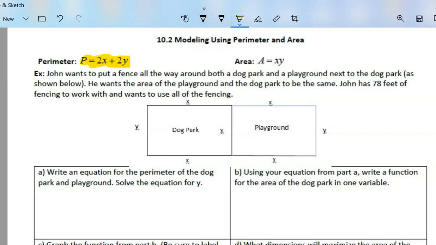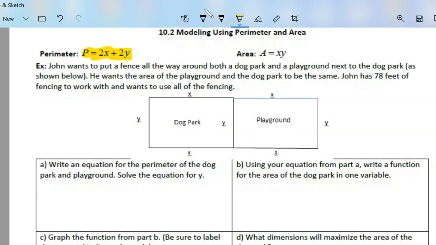So it says write an equation for the perimeter of the dog park and the playground. Solve the equation for y. So we'll say, okay, we've got y once, twice, 3 times, and we have x 1, 2, 3, 4.